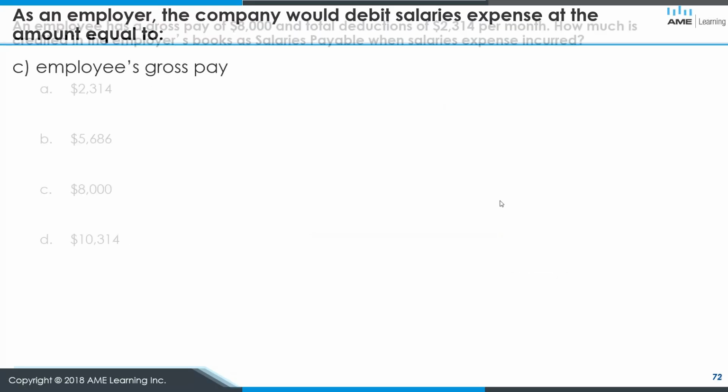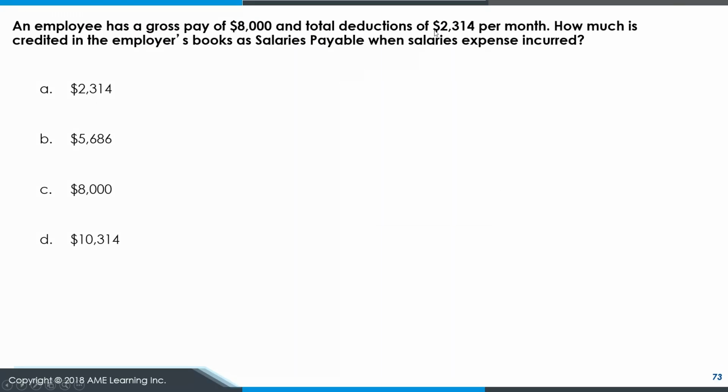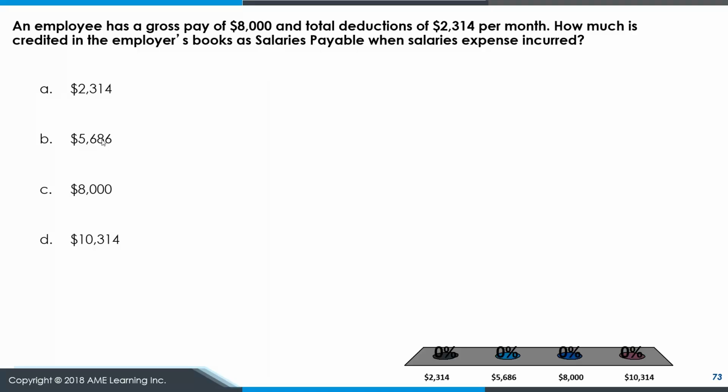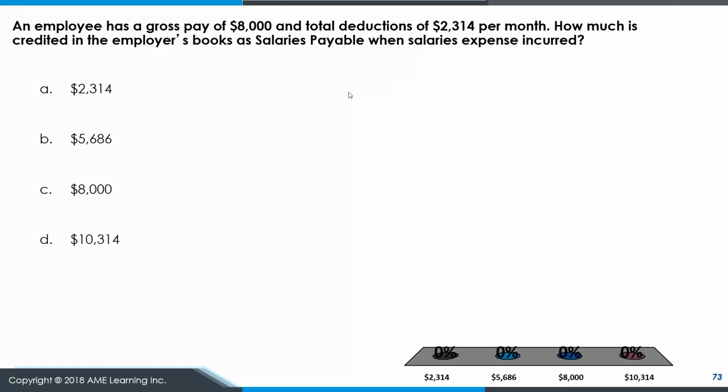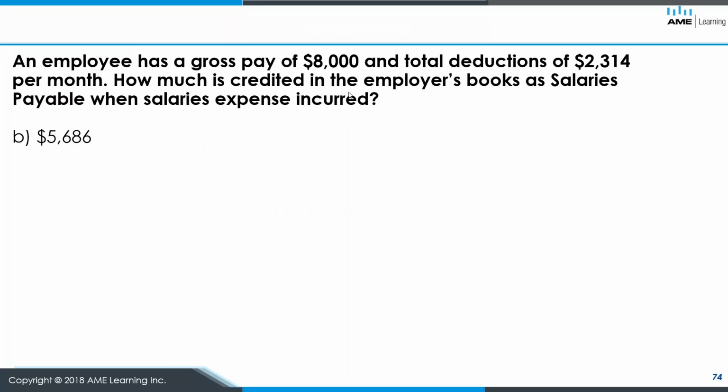If the payroll deductions payable is $2,314, we just need to take the difference between those. So 8,000 minus 2,314 is 5,686. And so we're going to have salaries payable of $5,686 as a credit. And then we'll have payroll deductions payable of $2,314 that we will have to remit to the government.